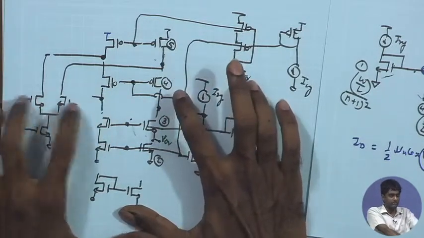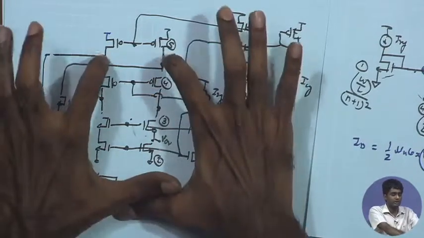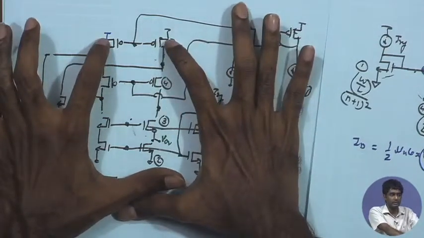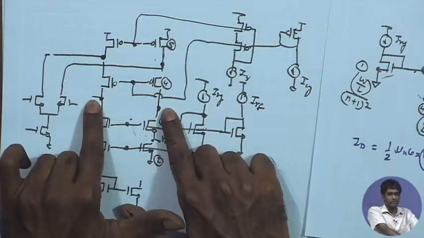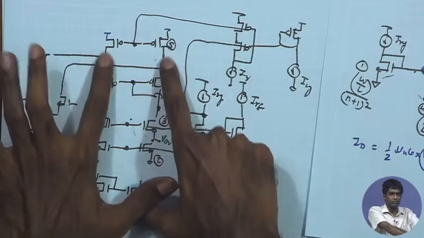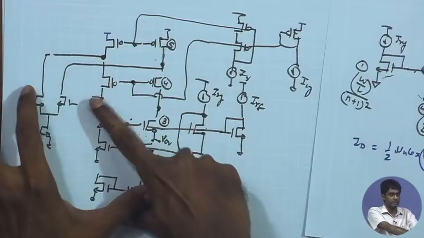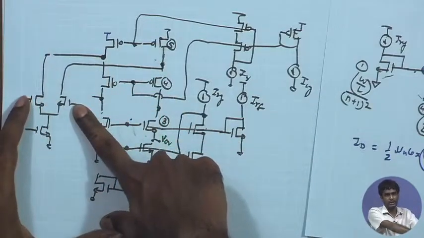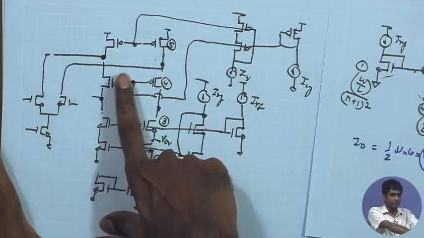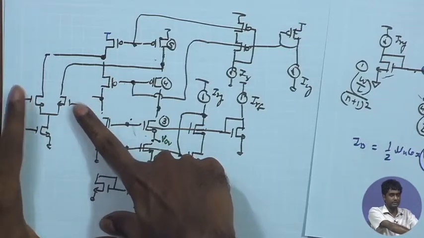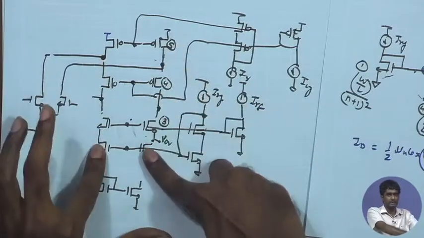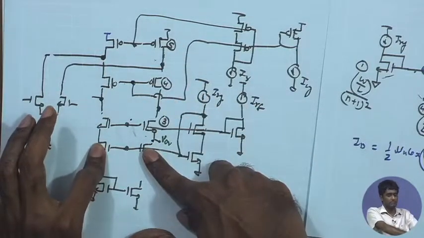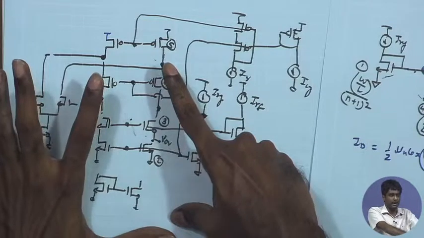It will affect RO, because if there is a larger current over here, this will definitely degrade the RO of this. But you also have a GM RO square factor over here. Therefore, I can try to reduce the bias current in this stage, but retain a sufficient bias current over here, so that the GM of the first stage is good, W by L as well as bias current is good, so that the GM is large, and at the same time in this stage I can reduce the bias current, so that the RO over here is large.